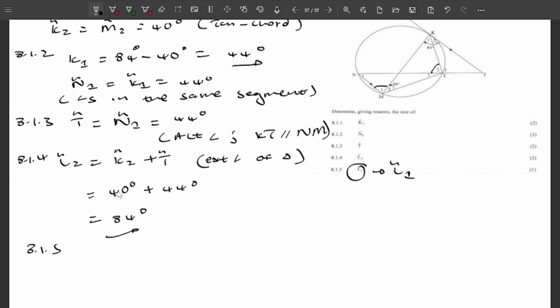So what we're going to do is use the sum of angles in a triangle. We have 44 degrees, which is K1. We are looking for L1, and we found this one. For those wondering which triangle I'm talking about, I'm going to use this triangle to find L1.